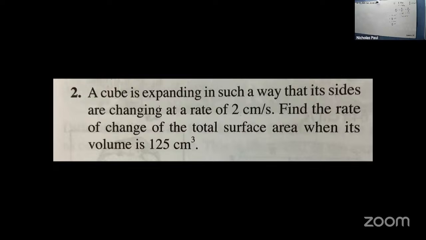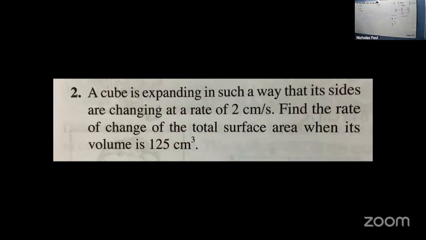So the variables that you should have here, you should have V for volume. You might not really need it as much. You should have X for side or S, and A for surface area. So we define everything, what they want us to find.